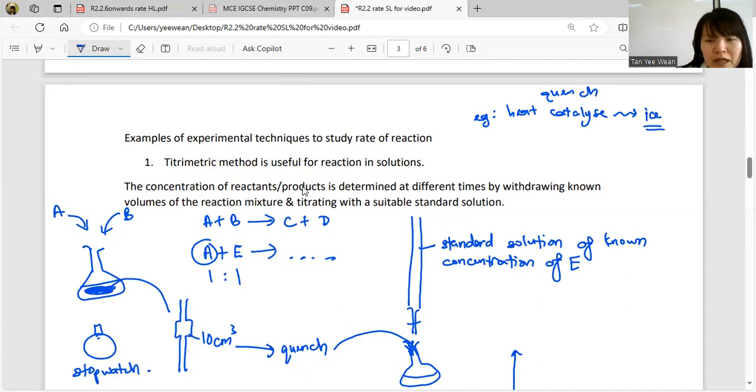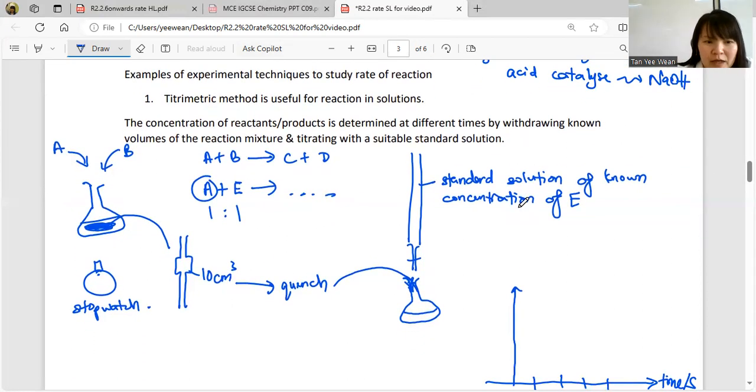Or maybe it is acid catalyzed, so to stop the reaction, maybe you add sodium hydroxide. You neutralize it so that it has no catalyst, so that the reaction stops there. Okay, so you draw out some of the mixture of A and B, the ones that are still reacting, you quench the reaction, and then you titrate with this standard solution of known concentration of E.